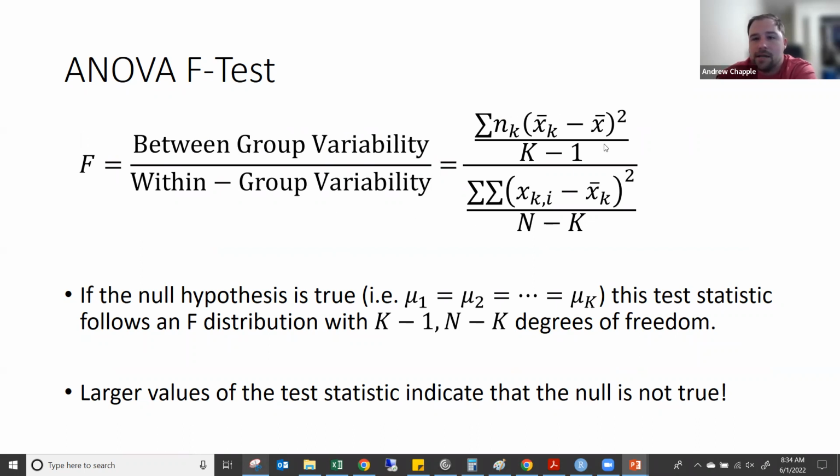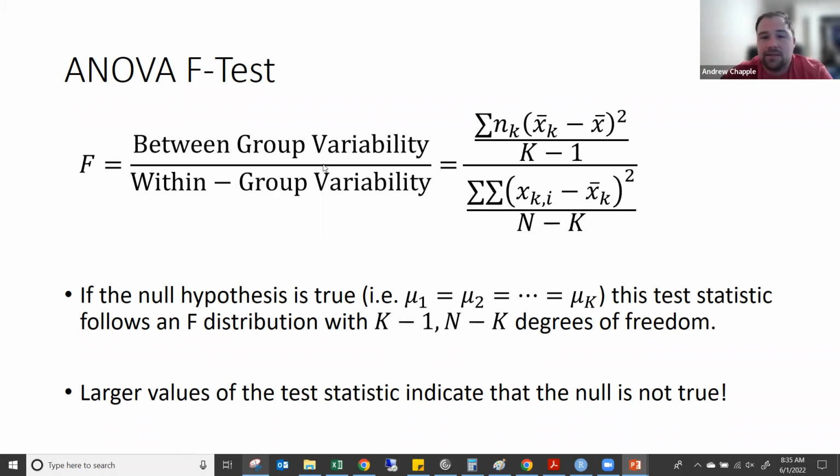And again, the idea is if the data really is normal, which we're assuming, and the means are all the same, then this ratio should be 1 or even really small. The bigger this numerator is, as far as the distance of each group mean from the average, the more spread out the averages are.